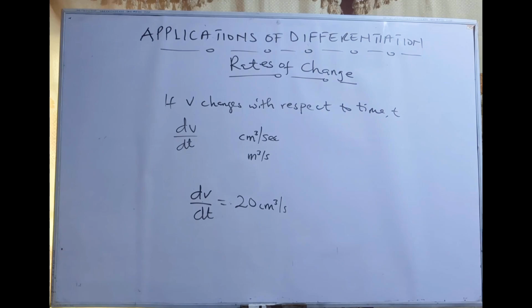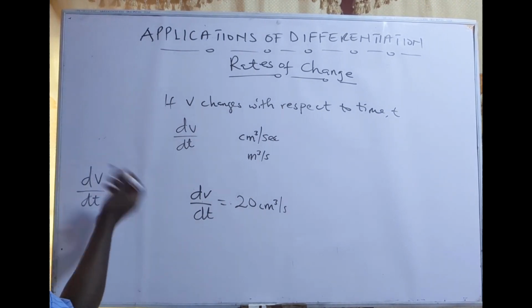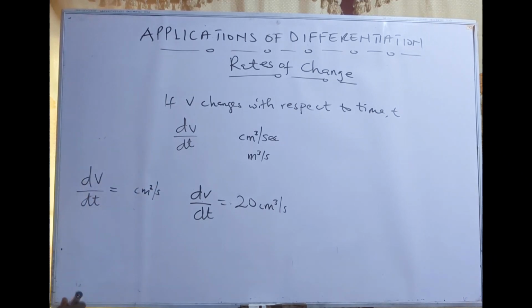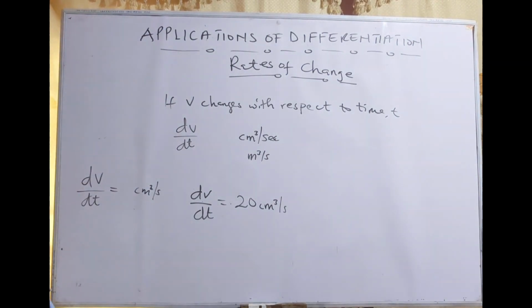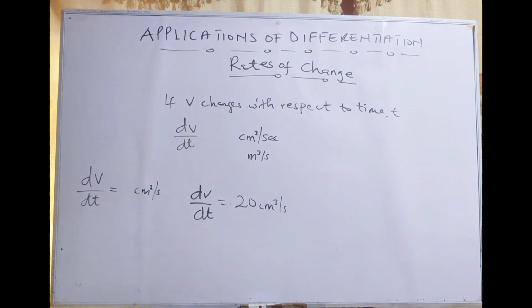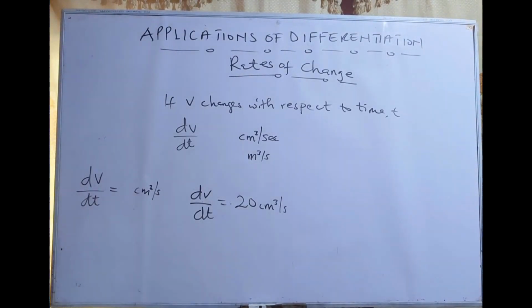Maybe the volume of a sphere increases with respect to time. What you should know is that the unit is very, very important. If the unit is centimeter cube or meter cube, and so on, and it is per second or per minute, whatever it is, then you are differentiating with respect to time.